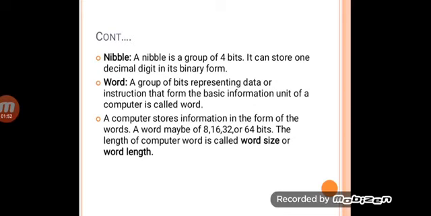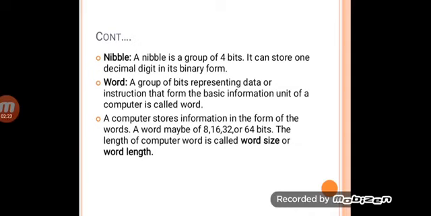Word. A group of bits representing data or an instruction that forms the basic information unit of a computer is called a word. A computer stores information in the form of words. A word may be of 8, 16, 32 or 64 bits.